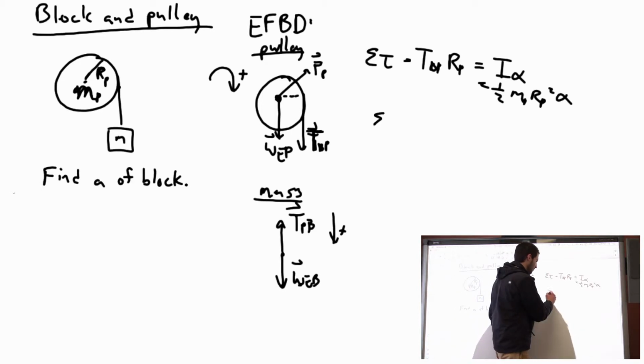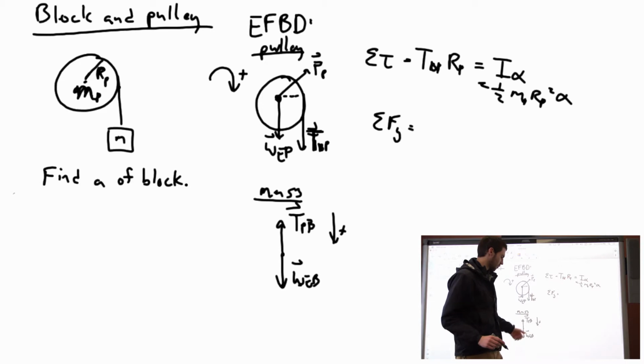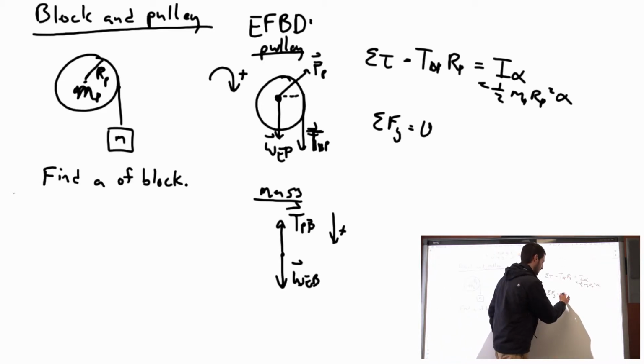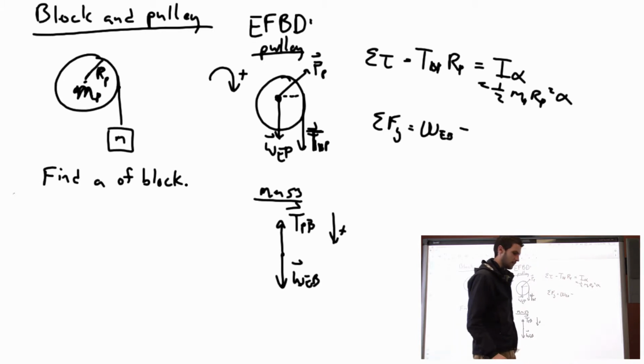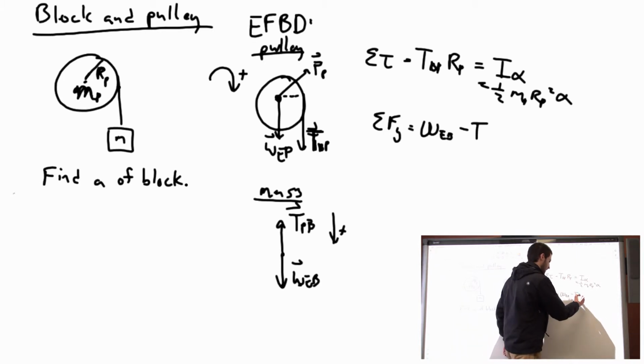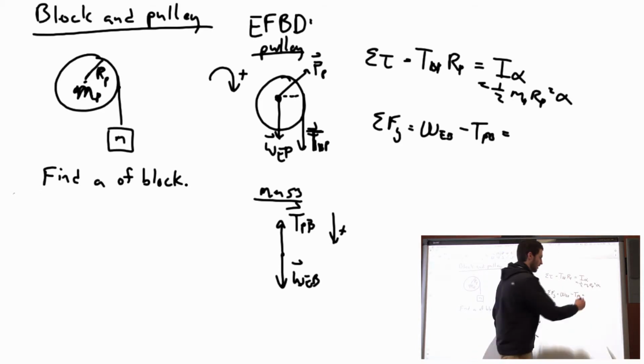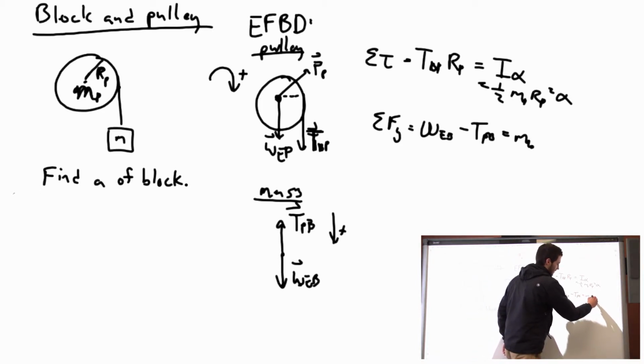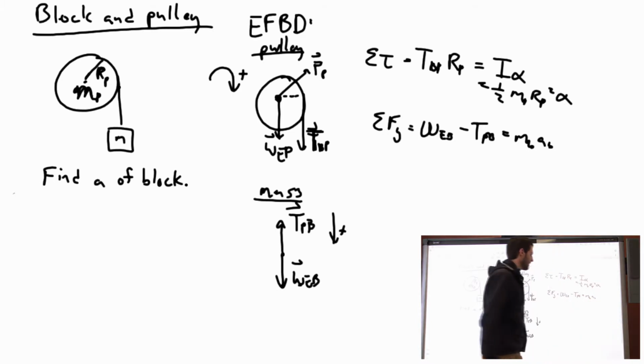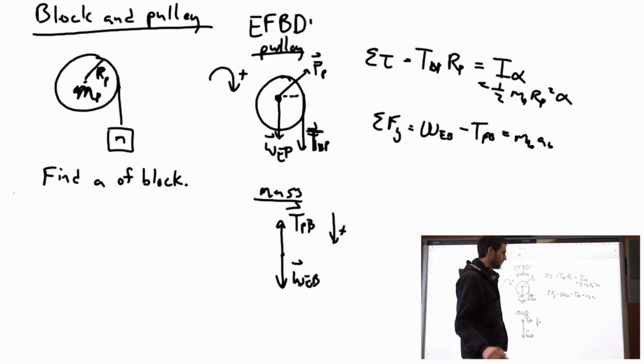Then I sum my forces on the mass, and I end up with weight pulling down, and then tension pulling in a negative up direction. And those sum up to mass of the block times acceleration of the block.